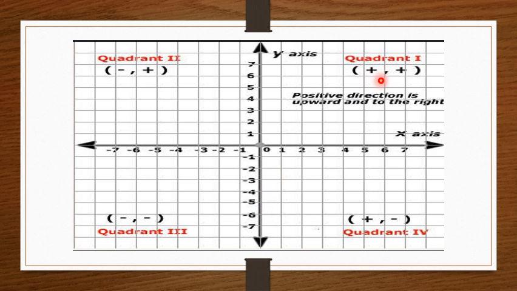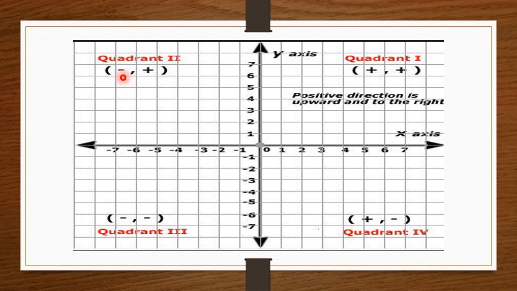Okay, so this is quadrant 1. When you say quadrant 1, you have positive for x and positive for y. So it is positive x and positive y. And this is quadrant 2. We have negative for x and positive for y.